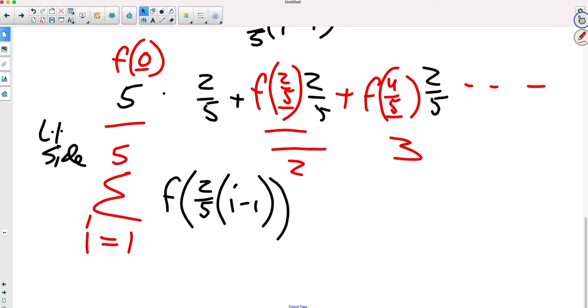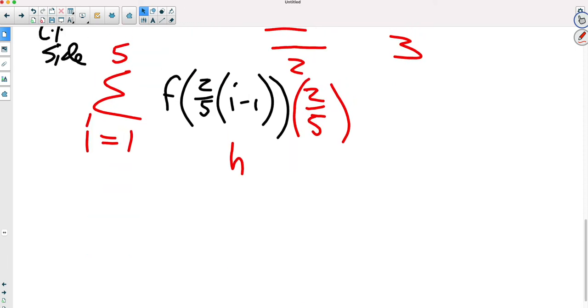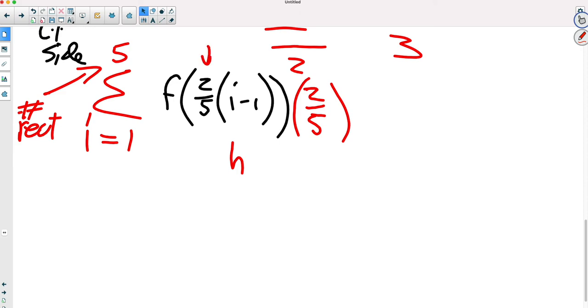This is the height in our area argument. And then you multiply by the width. This will work every single time you're doing these problems: 1 to 5 for the number of rectangles, the function of the left side, and the width. That's all it is.